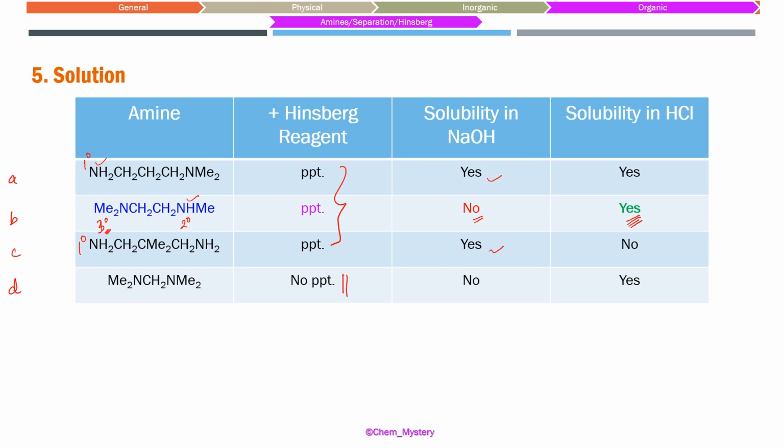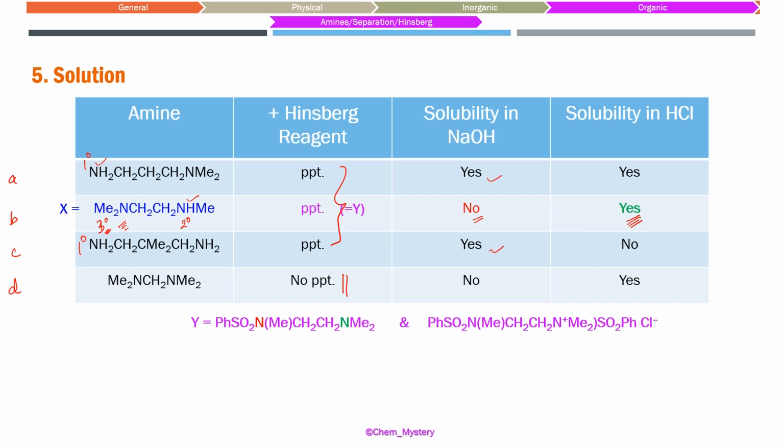So what we can finally say is, this compound was X, and this compound was Y, which was forming the precipitate. Now what would this compound Y be, which is forming the precipitate? If we assume the reaction of the 3 degree amine is taking place to a very little extent, then this is going to be present as compound Y, which was forming the precipitate.